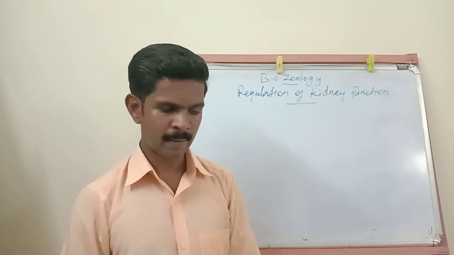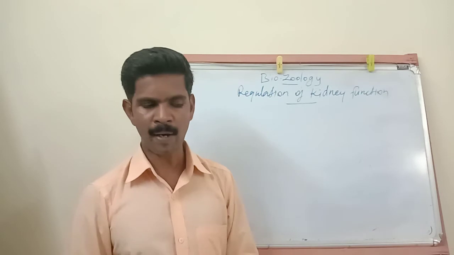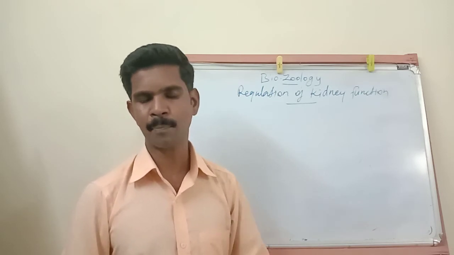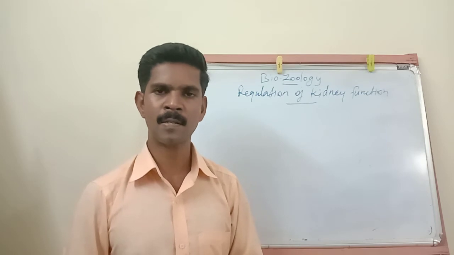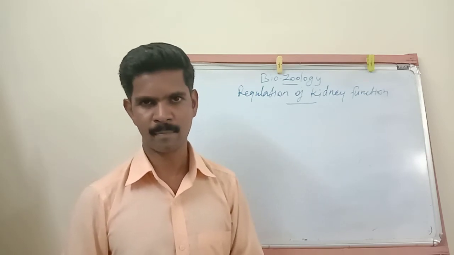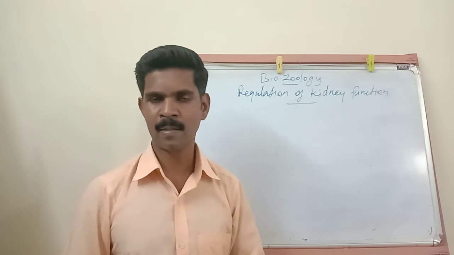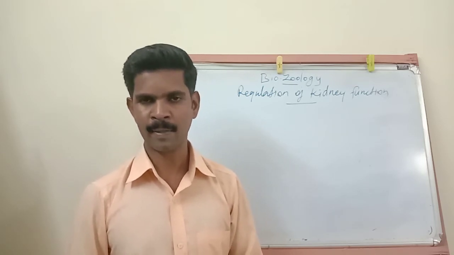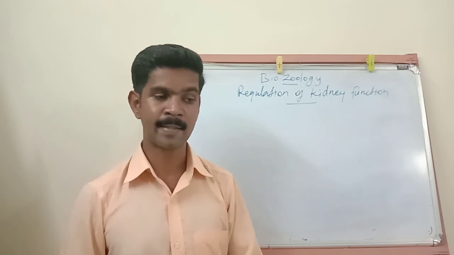Then the next point about antidiuretic hormone: if antidiuretic hormone is not produced properly, it leads to a disorder called diabetes insipidus. If anyone is affected by this disorder, we can see some symptoms in their body. The first symptom is excessive thirst.